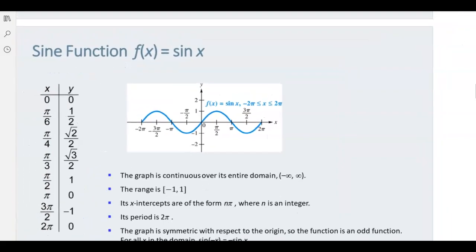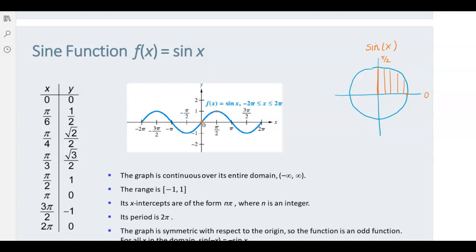So for the sine, let's draw a circle here again. Again, the sine is the y values. So when I'm in the first quadrant, the y values start at 0. And then the y values are going to increase until they get to 1 when I'm at pi over 2.